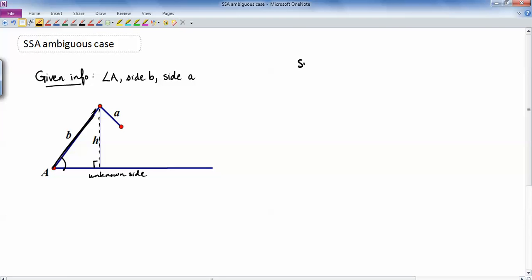Sine of angle A is the opposite side, h, the height, over the hypotenuse, which is b. So b sine A equals the height. Since we know what little b is and capital A is, we can always figure out what the height is. So let's assume that we know the height in addition to angle A and little b.